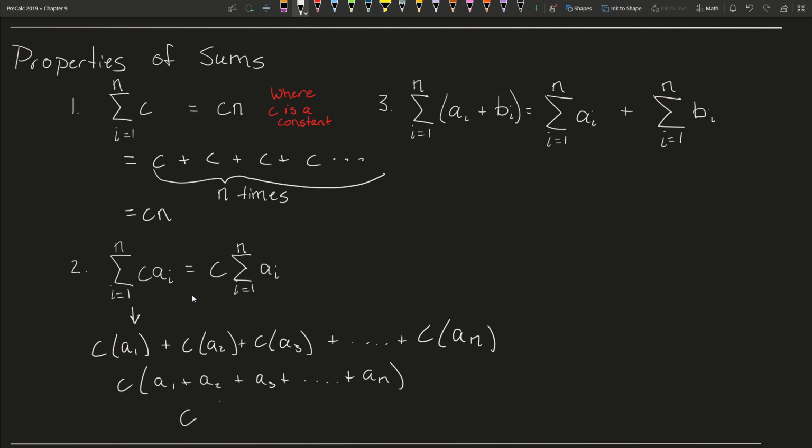So we get c times the sum of ai. And again, you don't need to know these proofs, but I feel like understanding why they work is helpful, right?